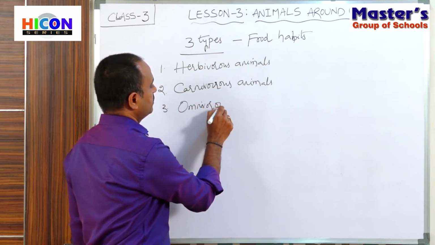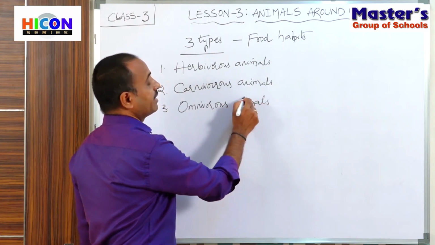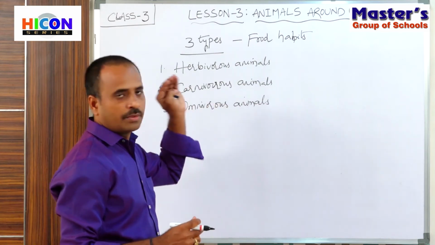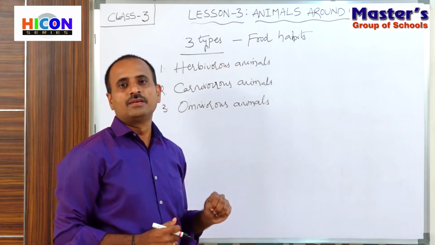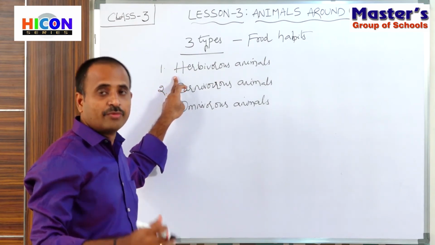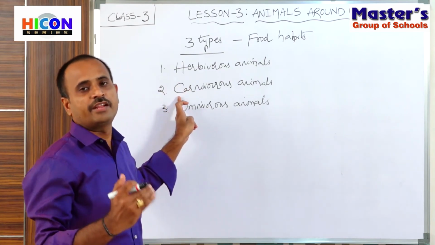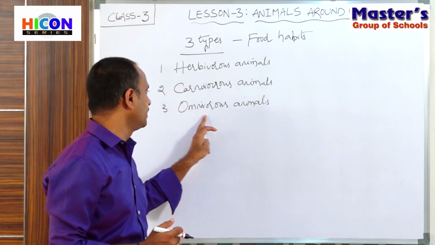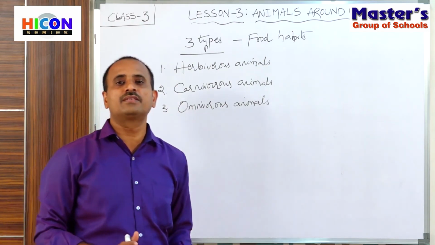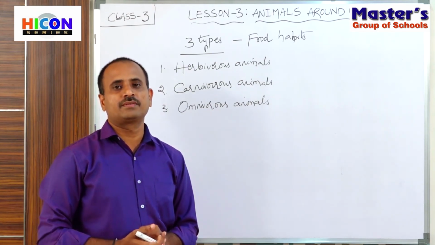Children, in this way, we can classify the animals into three types based upon their food habits: herbivorous animals, carnivorous animals, and omnivorous animals.